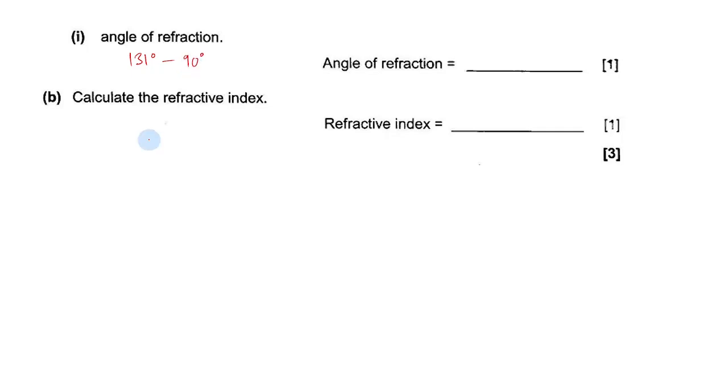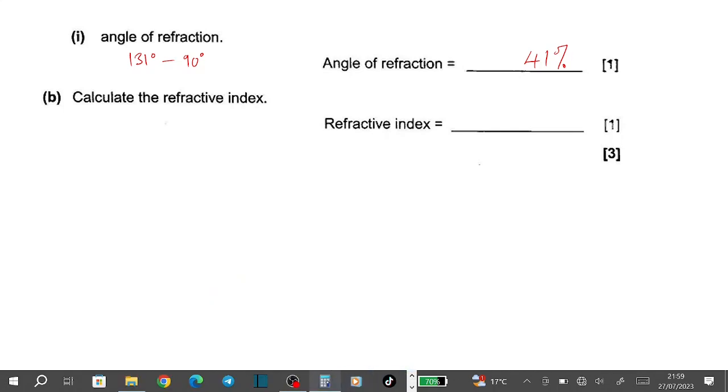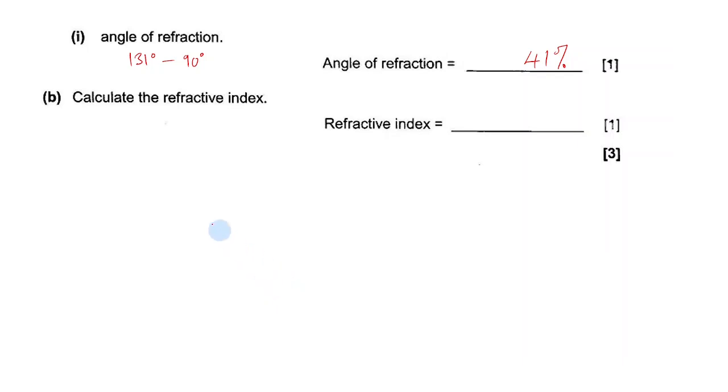So it will be 41 degrees. 131 minus 90. Okay, let me just confirm using my calculator. 131 minus 90, 41. Yeah.